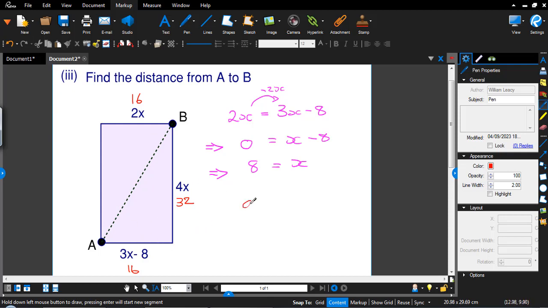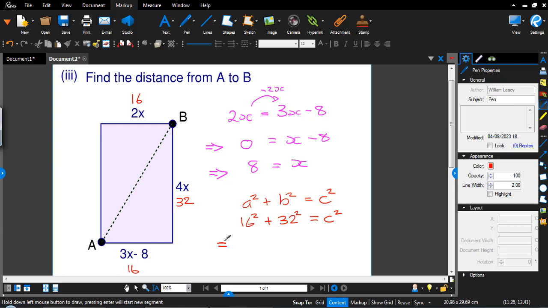So let's just get this. We say a squared plus b squared equals c squared. So then we have 16 squared plus 32 squared. There is a fast way of doing this. 16 squared plus 32 squared equals c squared.